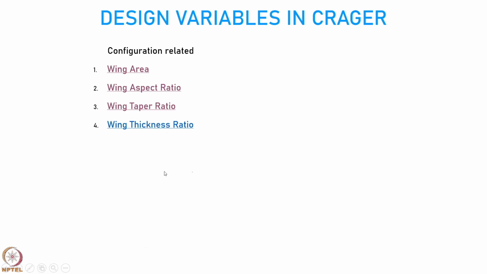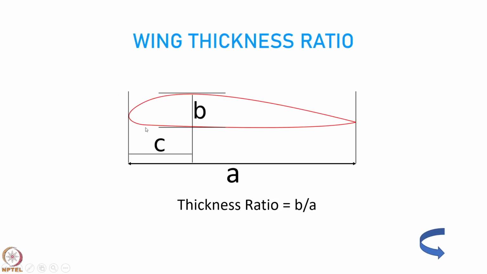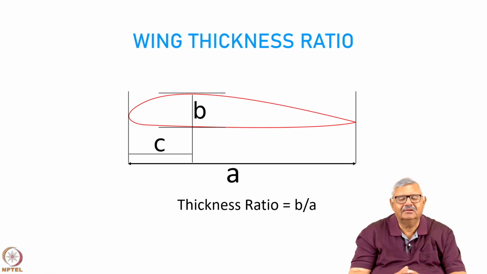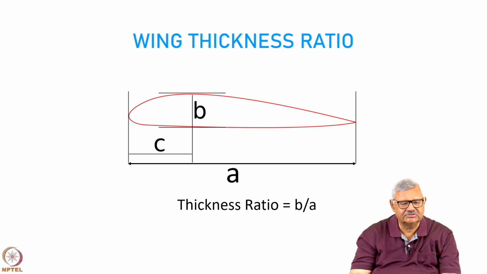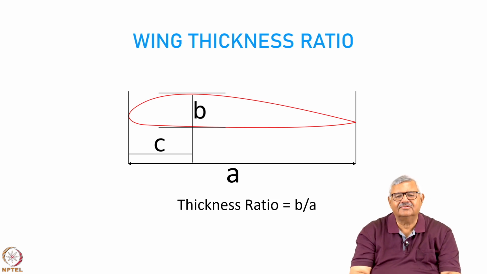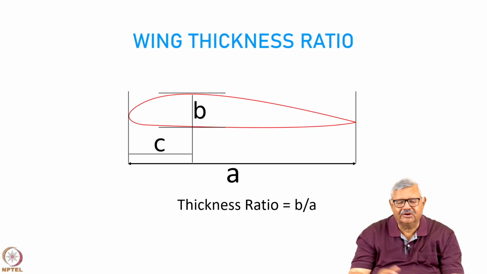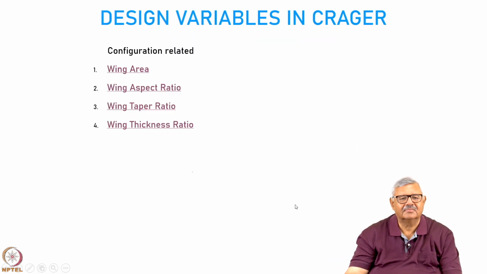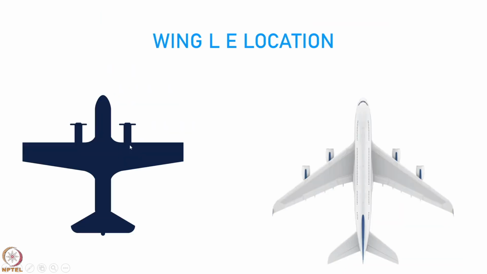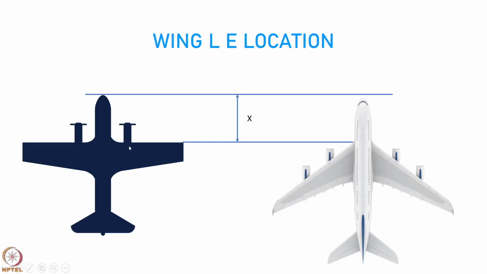Then the next parameter is the wing thickness ratio, that is, how thick the wing is at its maximum value compared to the total chord of the aircraft. So, if the maximum thickness is B located at a point C from the nose, the location does not matter. What matters is the numerical value of B as compared to the value of A. So, the thickness ratio is going to be B upon A. The next will be the wing leading edge location, and that is, in the top view of the aircraft, where the wing is located from the nose.